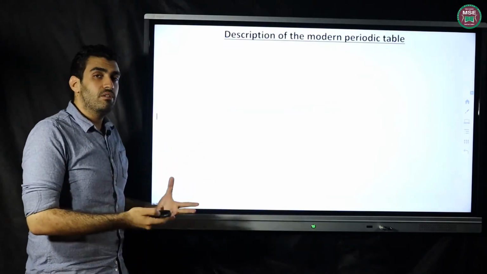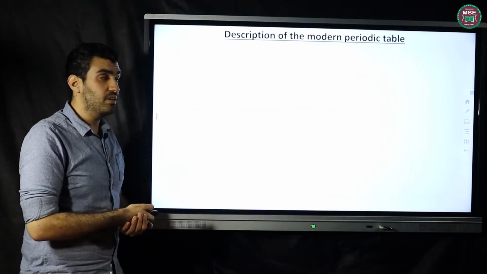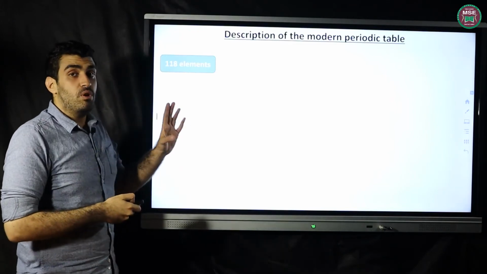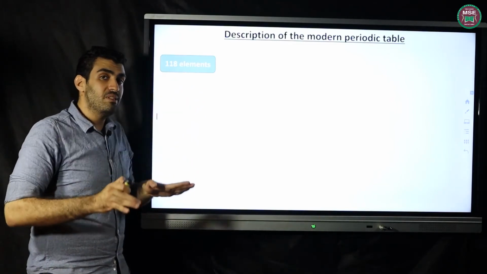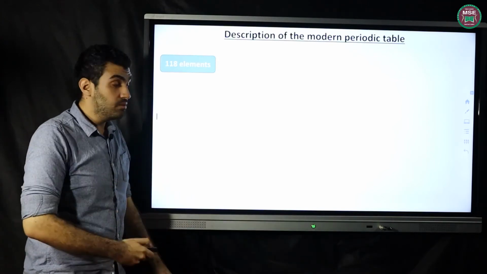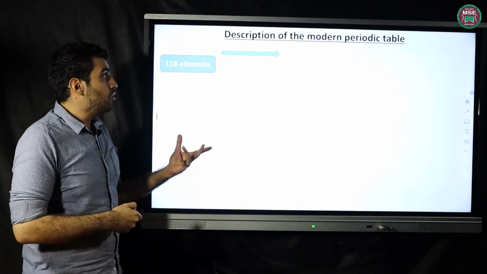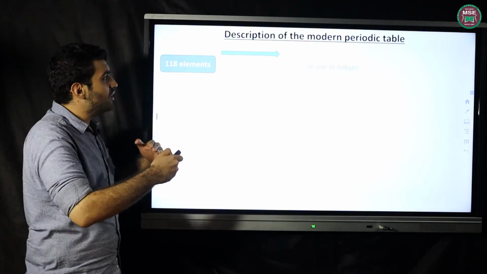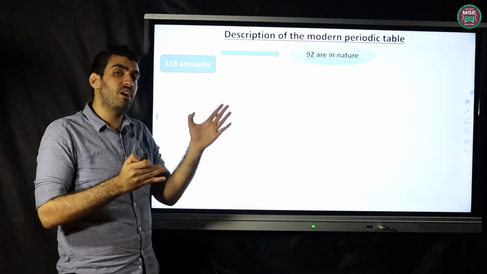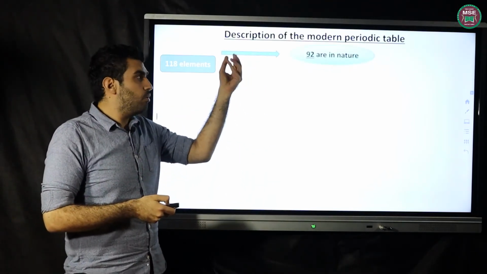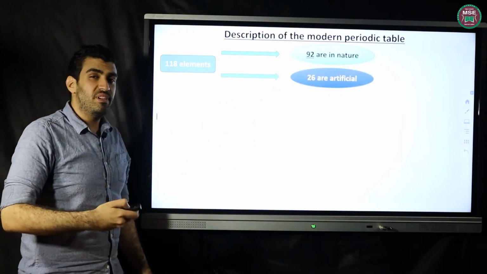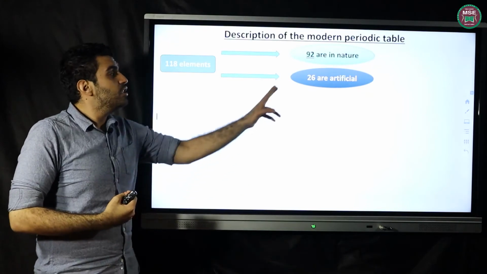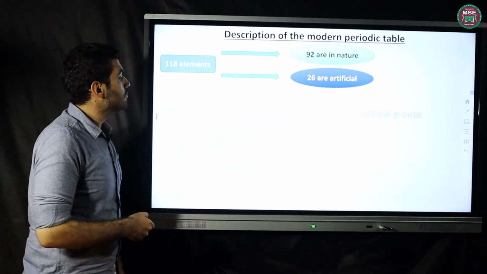Description of the modern periodic table, its components. Number 1, it has 118 elements, the number of elements that we have found so far. These elements are divided into natural elements that are found in nature, 92 of them, and artificial elements made by us, 26 artificial elements.